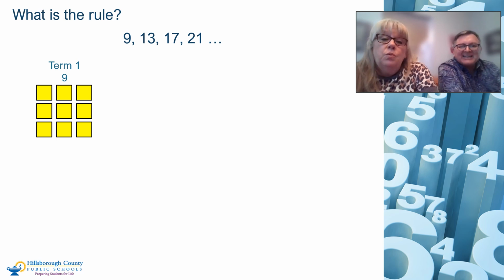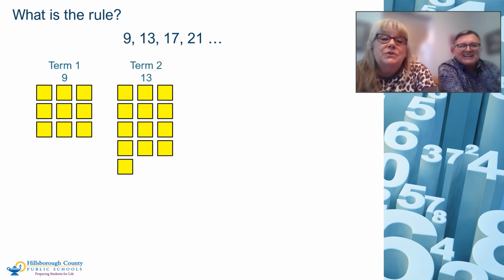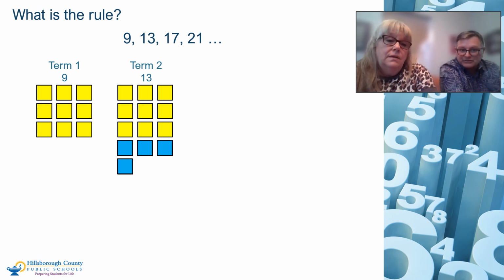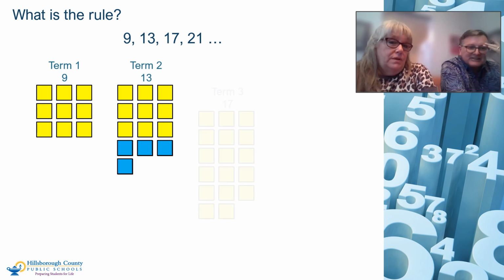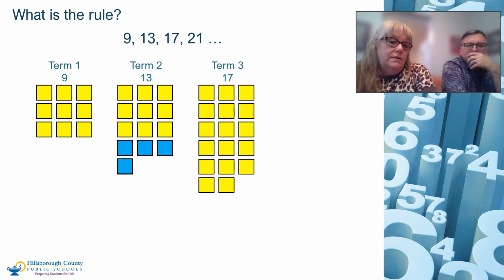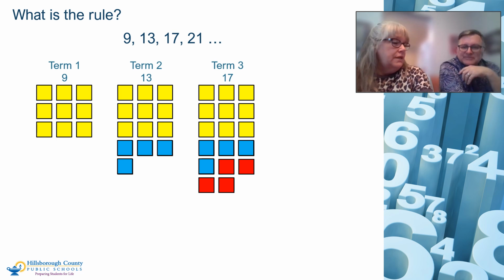So here I've got term 1 is 9 tiles, term 2 is 13 tiles, which is 4 more than my original term of 9. Then I'm going to build my 17 with yellow tiles. I have to consider the 4 that were different from the first term to the second term, and now I've got 4 more in the third term.